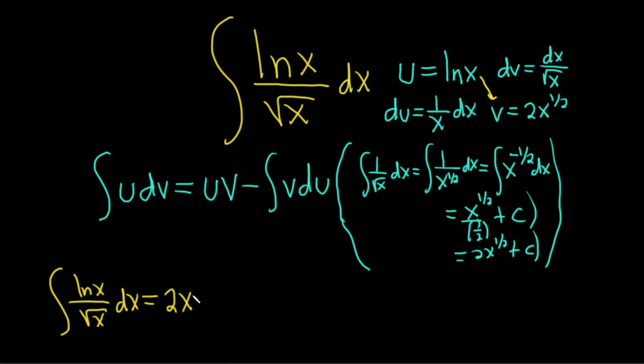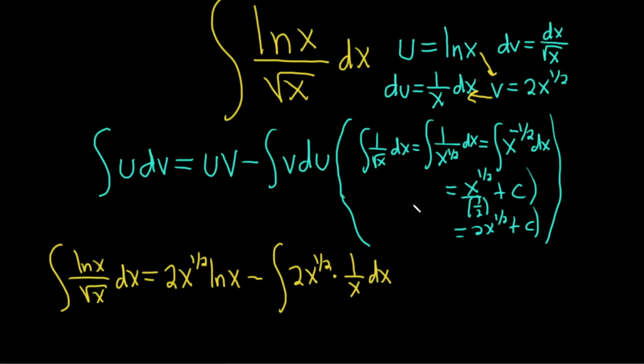So 2x to the 1/2 ln x, and then it's minus v du, so this times this. So minus the integral of 2x to the 1/2 times 1 over x dx. Good stuff.